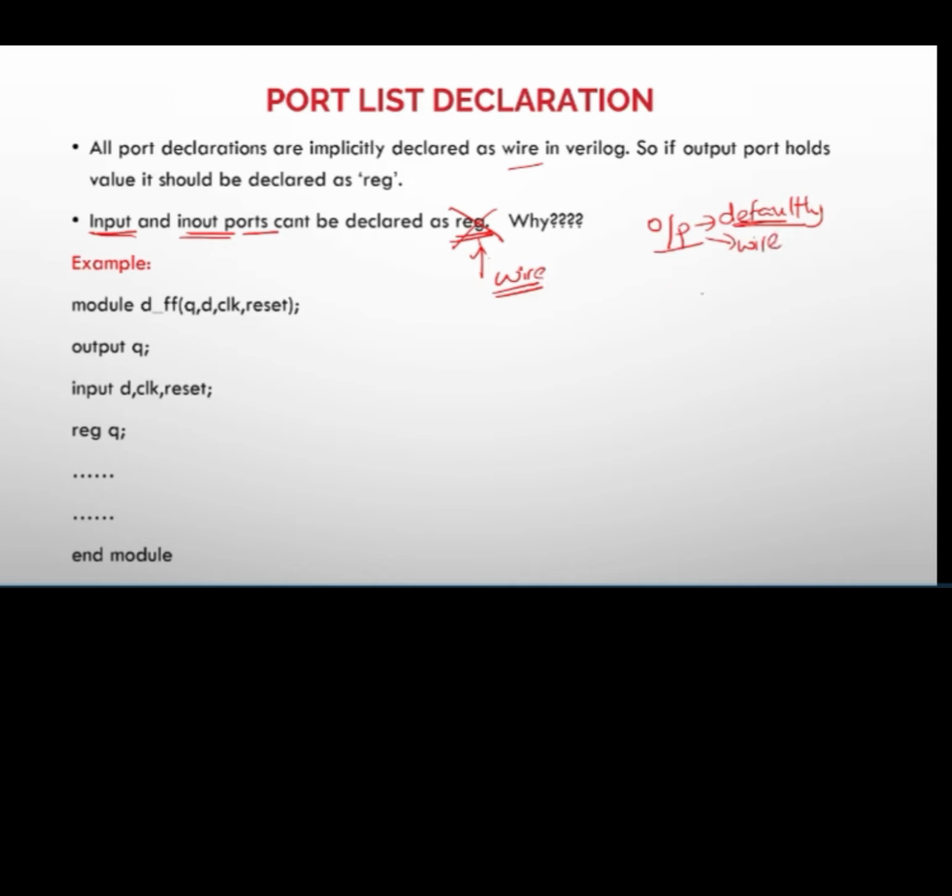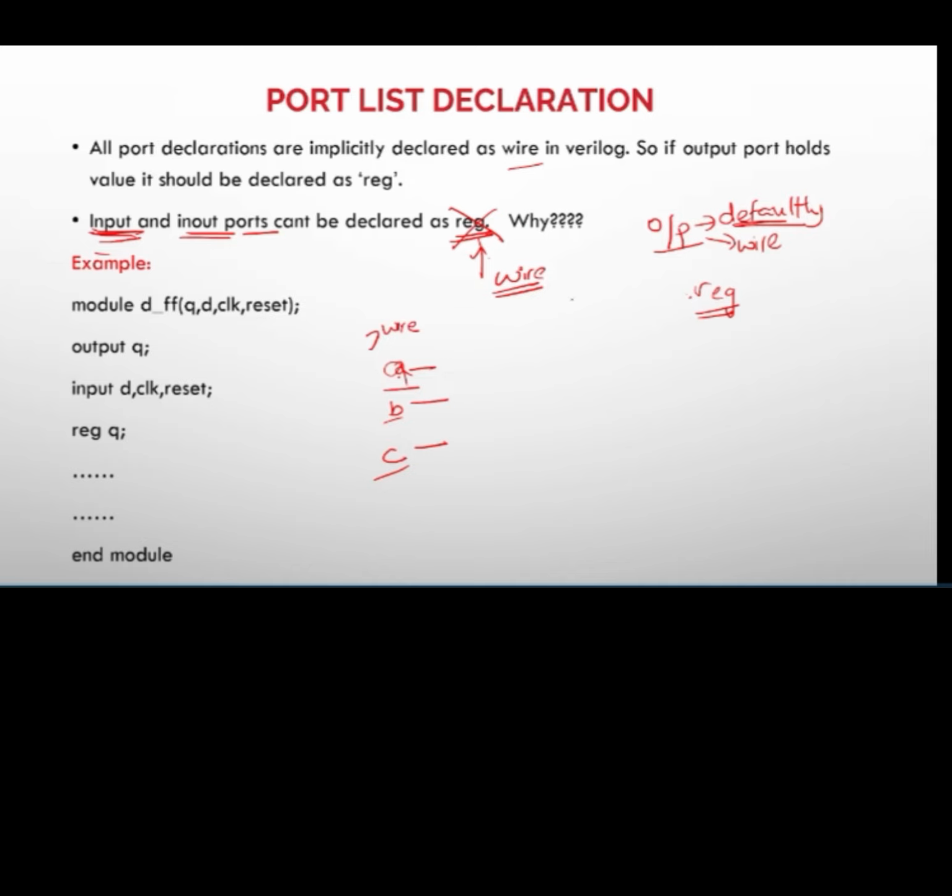But when we want to hold the value in that output, then we can declare the output as reg. But we can't do that to input. Input means it will be at the starting itself; what we declare at the start are considered inputs. So they should always be wire.